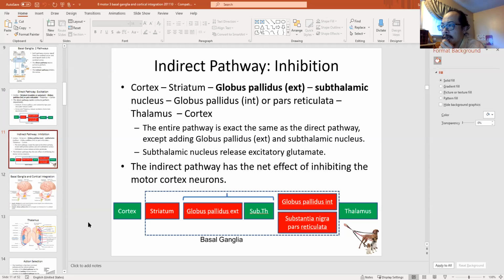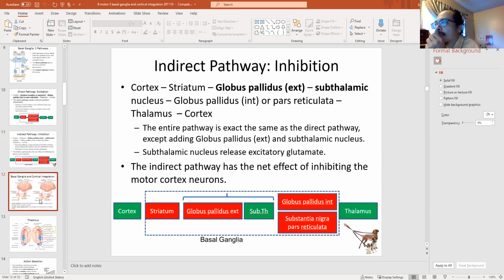And so we have not just the striatum and globus pallidus internal slash substantia nigra pars reticulata, we have these two new components in it, that is the globus pallidus external and subthalamic nucleus. So with these two new components in it, this pathway becomes an inhibitory pathway. And that will inhibit the thoughts from the cortex back to the cortex. So that will put the latch on the thoughts. So we will not act on that thought.